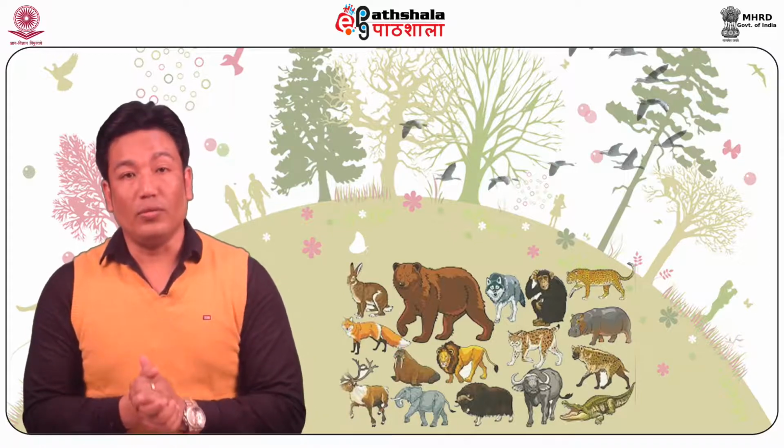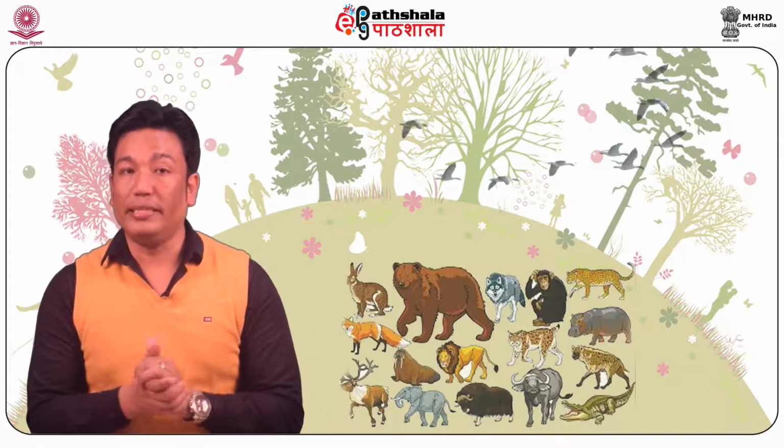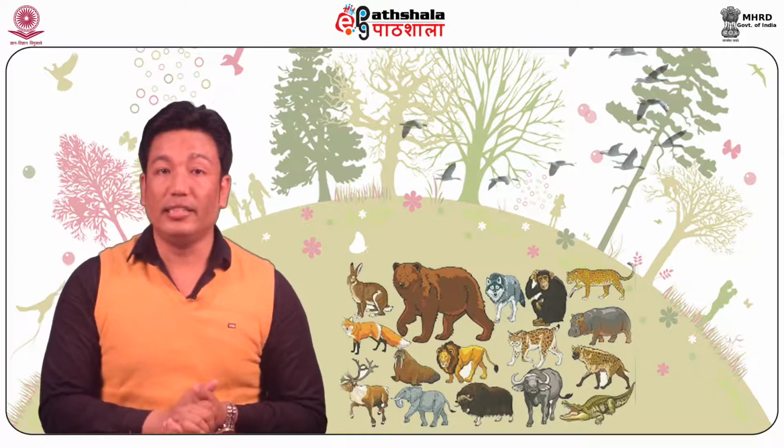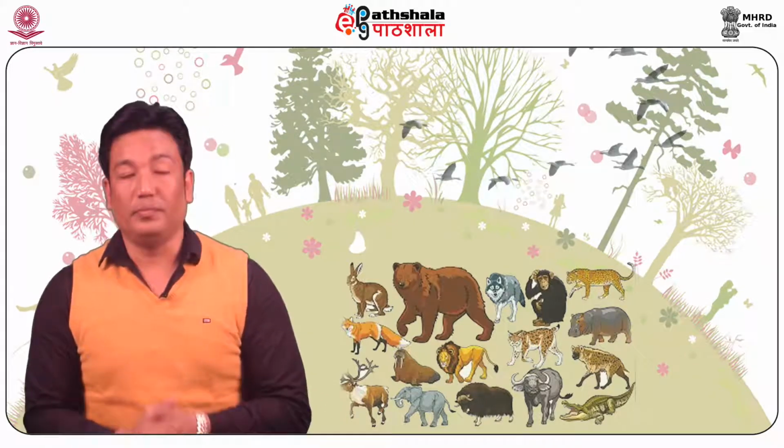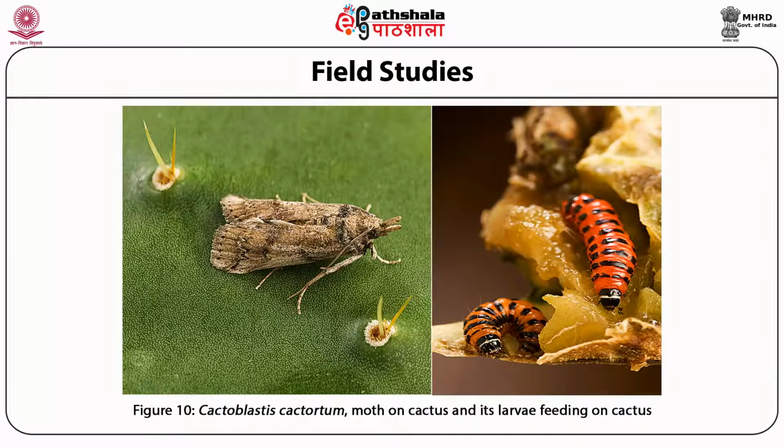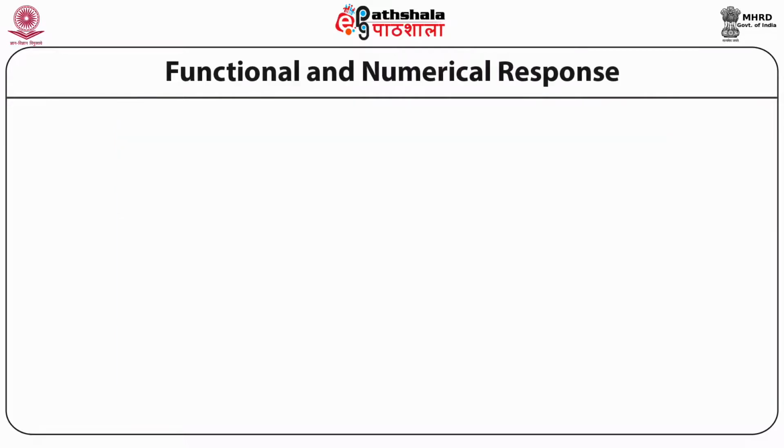These complex interactions from laboratory experiments and field studies illustrate the predator-prey system. This figure represents the Cactoblastis cactorum moth on cactus and its larvae feeding on cactus.